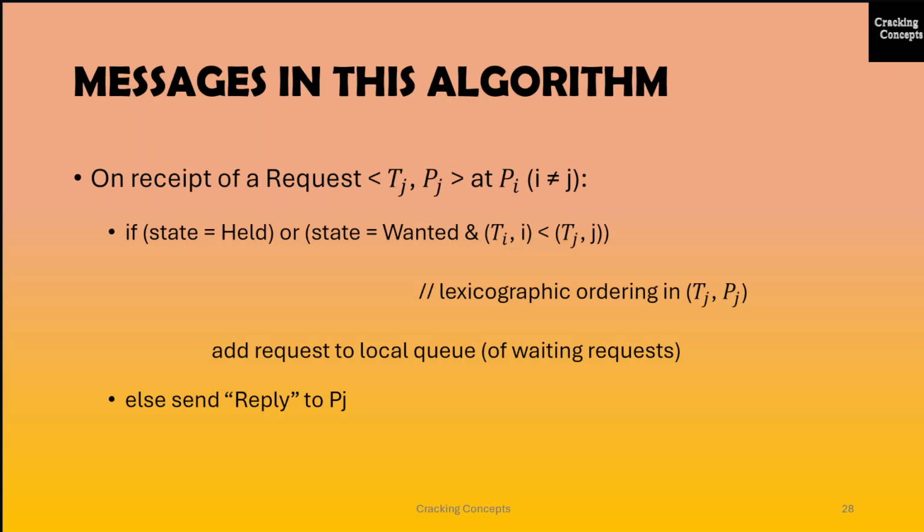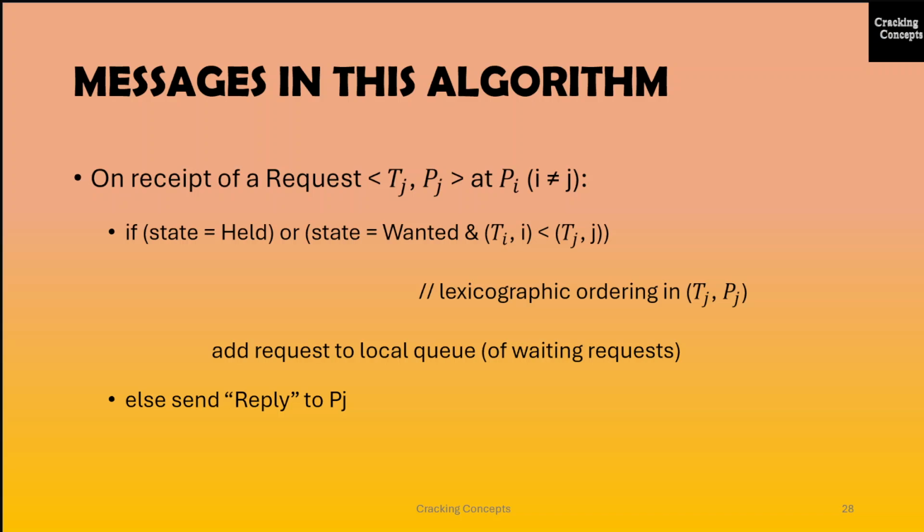Now, on receipt of a request (Tj, Pj) at Pi, that is, a request from the process j reaches the process i, where i will not be equal to j, here what it does is, it will check if the state is held, or if the state is wanted and if the timestamp of Pi is less than Pj.